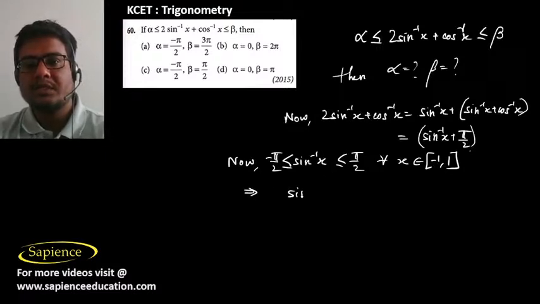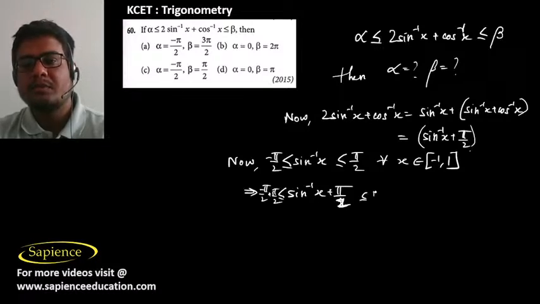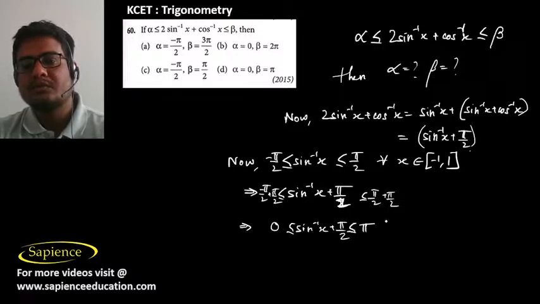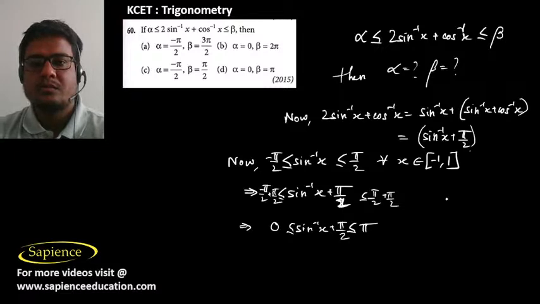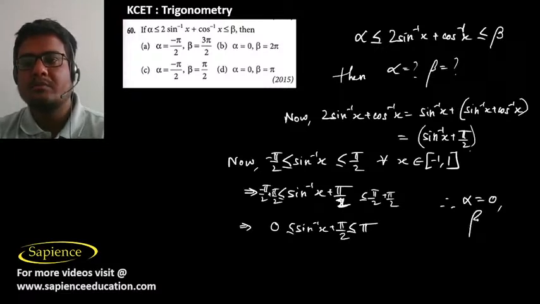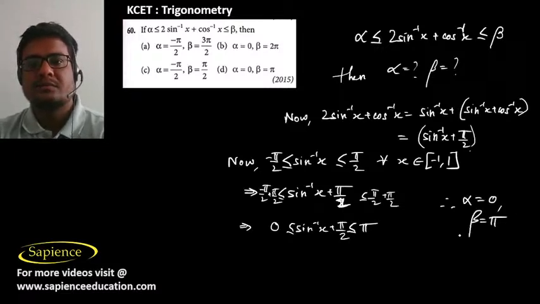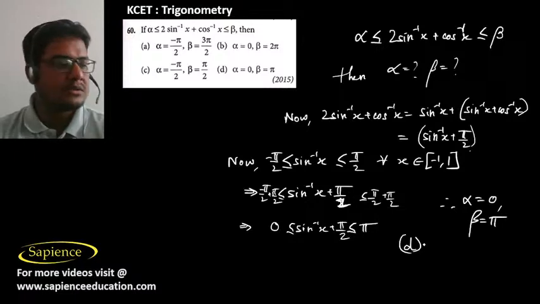It means for sin inverse x plus pi by 2, we have to add pi by 2 on all three sides. That will be minus pi by 2 plus pi by 2, and pi by 2 plus pi by 2. It means that sin inverse x plus pi by 2 will go from 0 to pi. So therefore alpha will be equal to 0 and beta equal to pi. So option D is the correct answer.